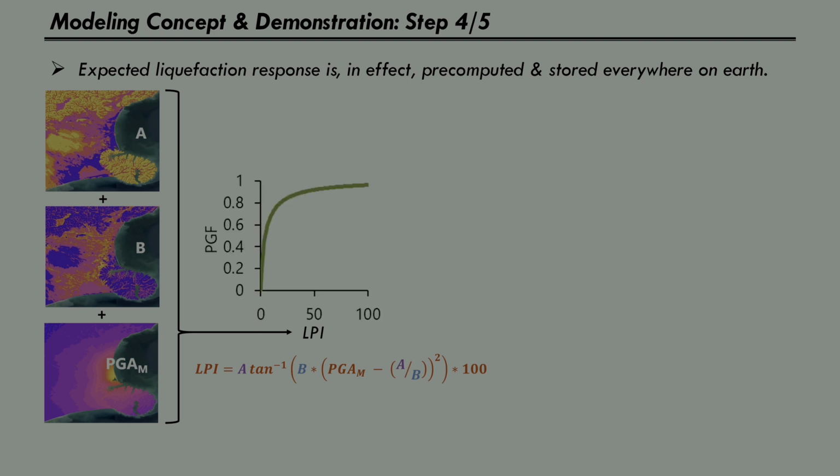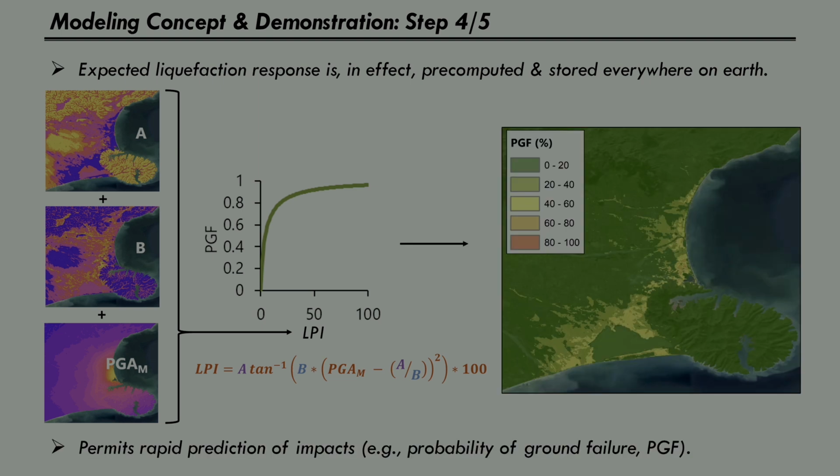We can then combine that with a fragility function, whatever we're interested in predicting, ground deformation, pipeline failure, et cetera. And we can regionally predict impacts in a matter of seconds after an earthquake. And so here we're looking at the probability of ground failure. It refers to a specific severity of ground manifestation.